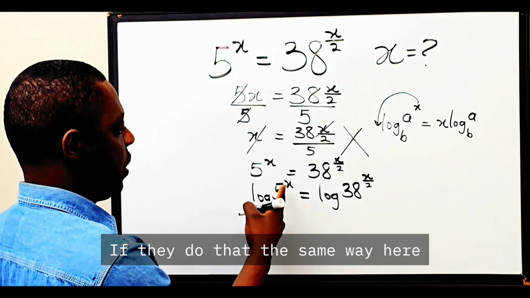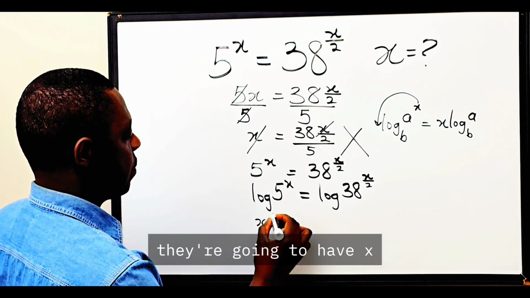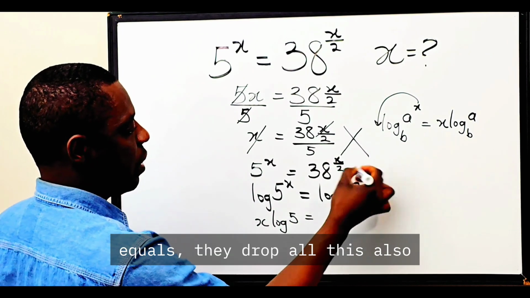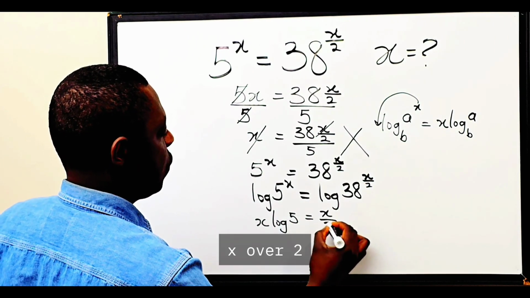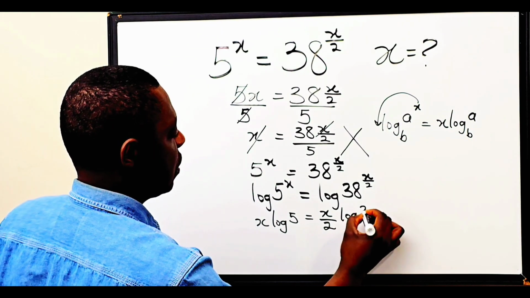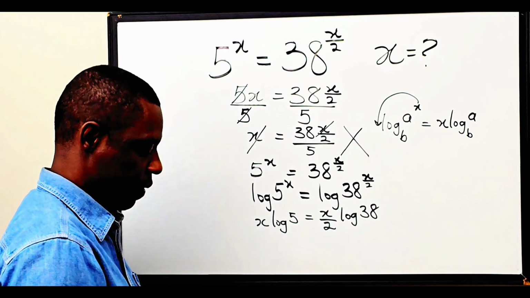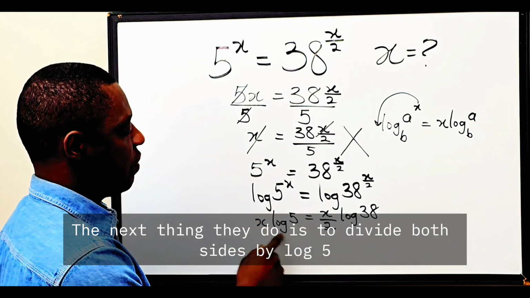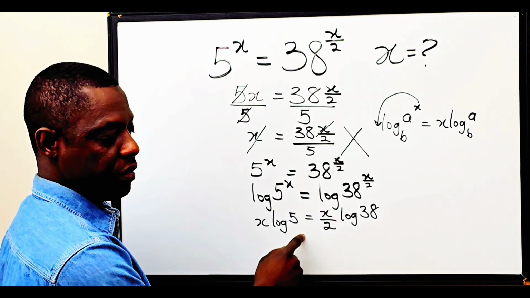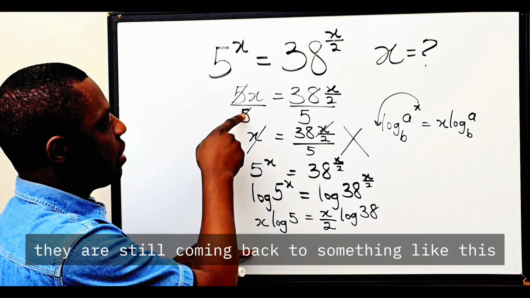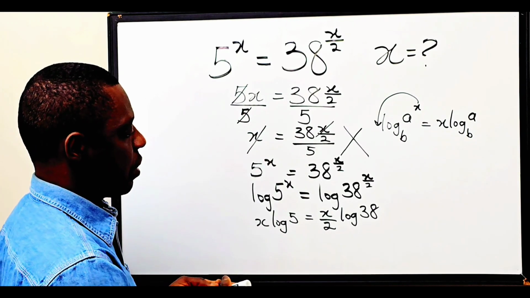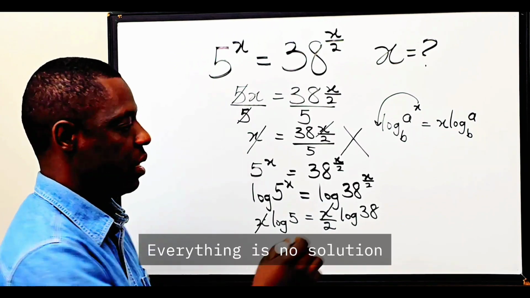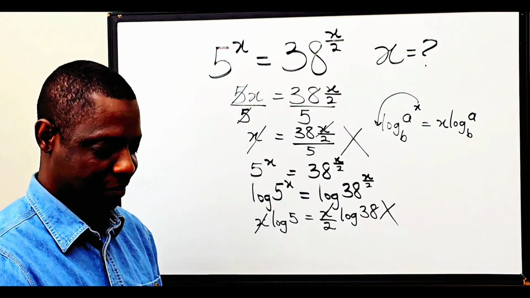If they do that the same way here, you're going to have x log 5 equals, they drop all this also, x over 2 log 38. Fine. Without wasting our time, the next thing they do is to divide both sides by log 5. And if they do that, they are still coming back to something like this, because x is present here, x is present here. Everything is no solution.